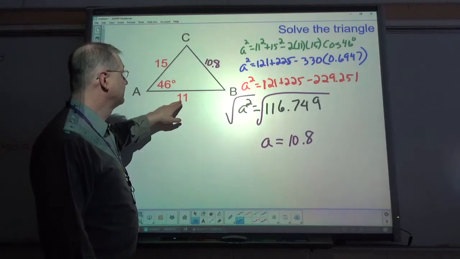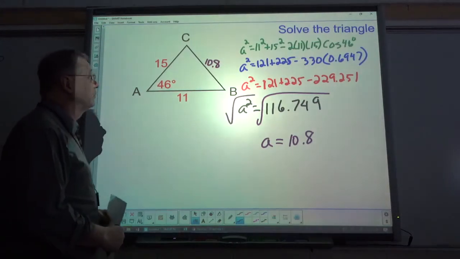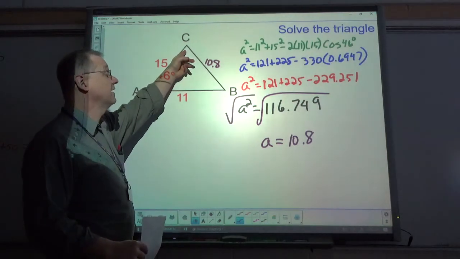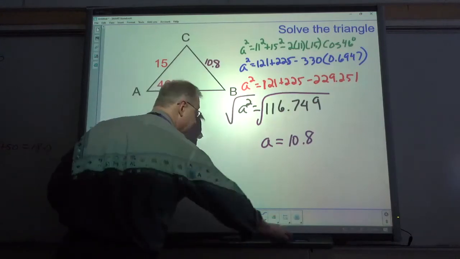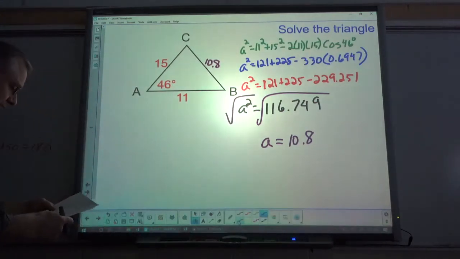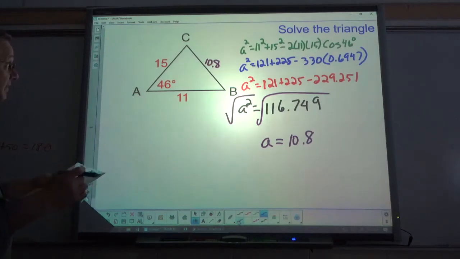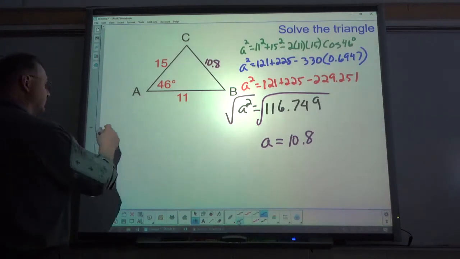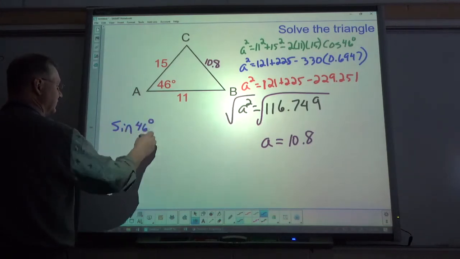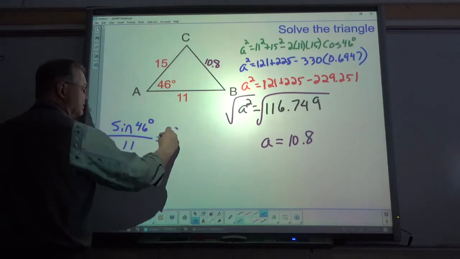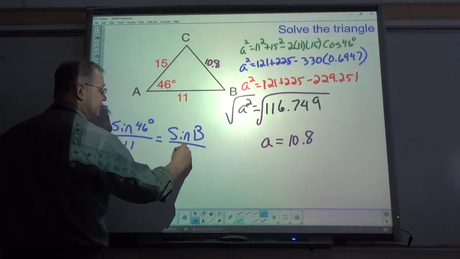This side and this side are awfully close together. So we can anticipate angle C to be very close to angle A. Let's find that. Actually, we're going to find angle B first. So sine of 46 degrees over 11 equals sine of angle B over 15.